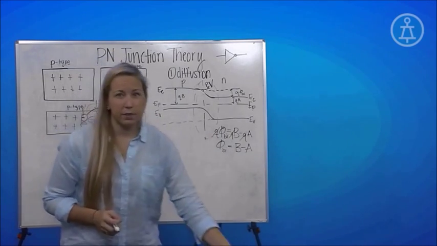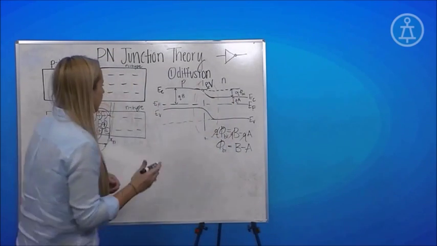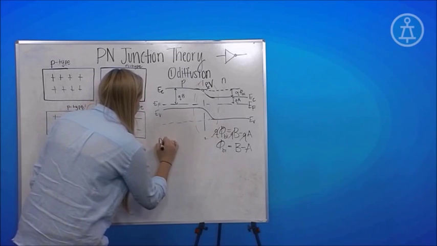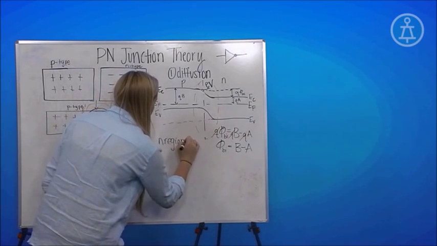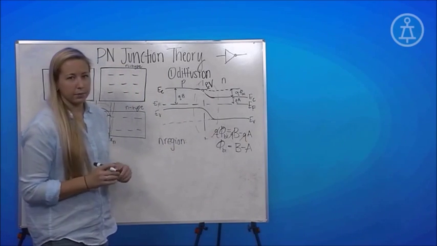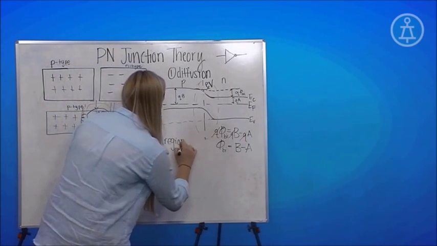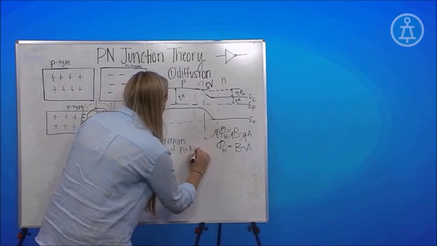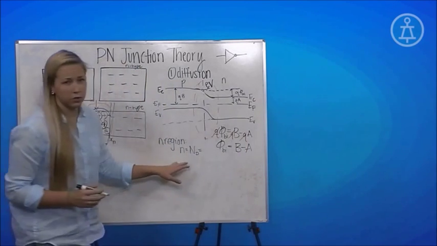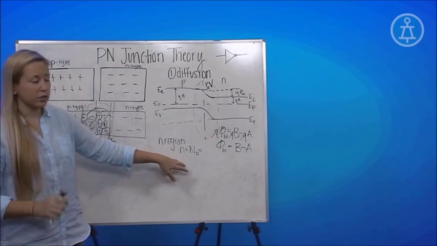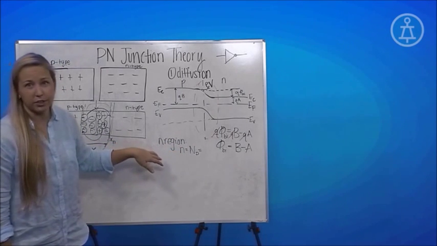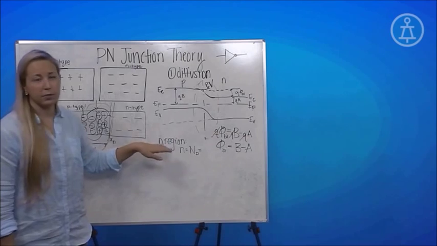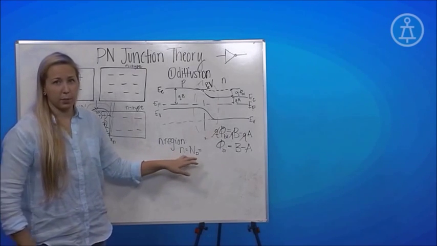If you'll recall from previous chapters, you know that in the n-type region, so right now we'll just call it n region, our concentration of electrons is equal to the number of donors in the material. And this is allowed because it is an n-type region, right? So the number of donors is going to be much greater than the number of acceptors.